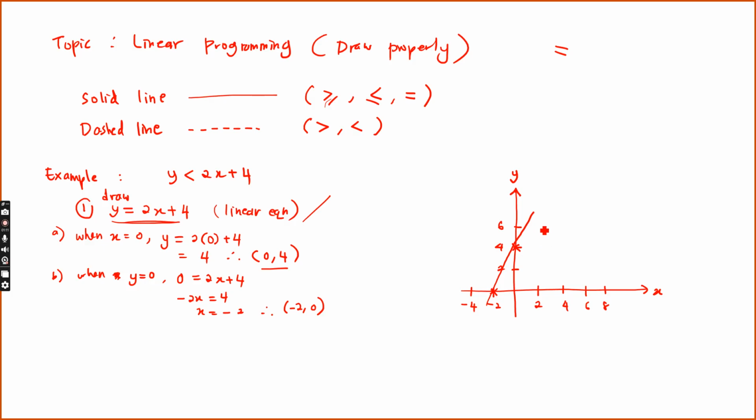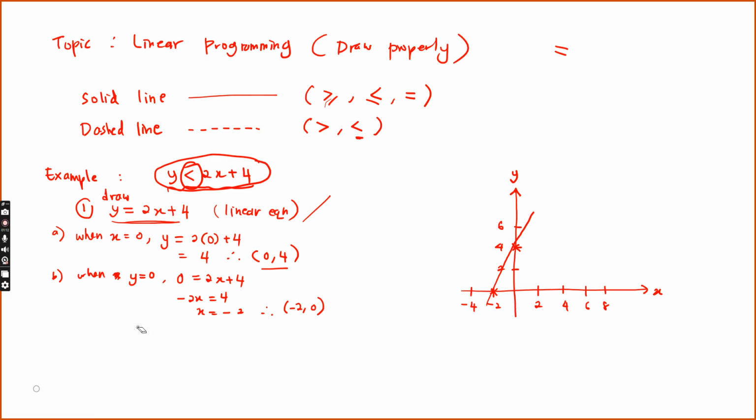This is your line, but if you see here, what I drew is a solid line. Is this correct? No, because if you refer to our inequality, it is less than. So remember, when it is less than, we must use a dash line.